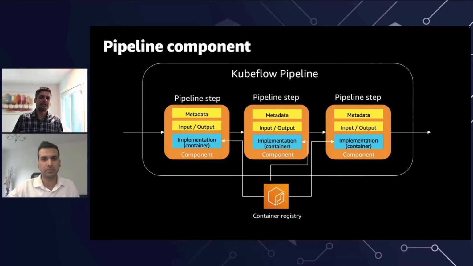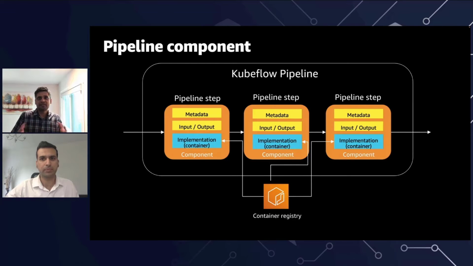If you're building a model, training a model, evaluating a model, and then deploying that model for inferencing, those steps can be constructed as separate pipeline steps, and you can have your containers for each one of them run as part of Kubeflow pipeline.